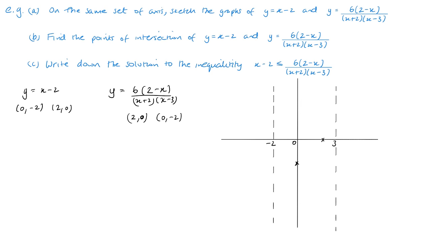Now if I divide that by 5.1 times 0.1, then that's going to give me roughly 6 over 12, isn't it?